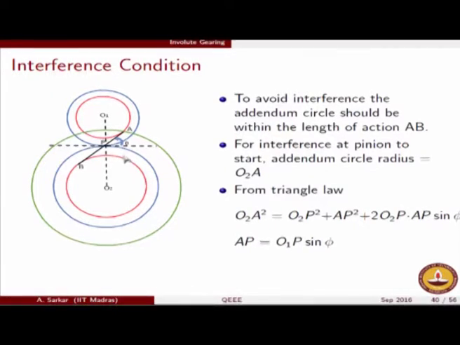Actually it is cosine of pi by 2 plus phi, but cosine of pi by 2 plus phi comes out as minus sine of phi, and there was a minus sign in the cosine law, so therefore this is coming as plus sine phi.